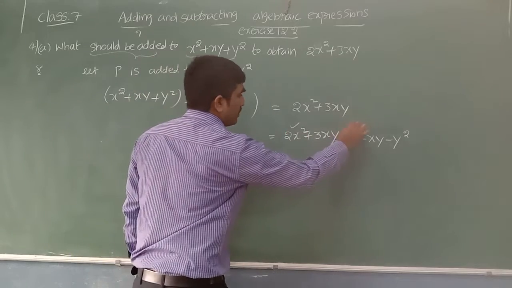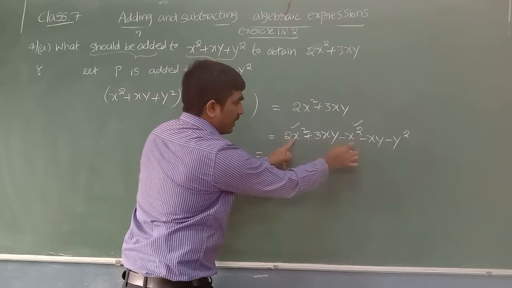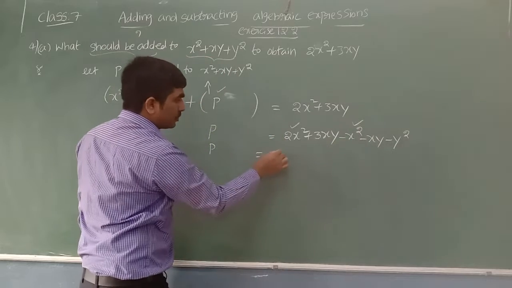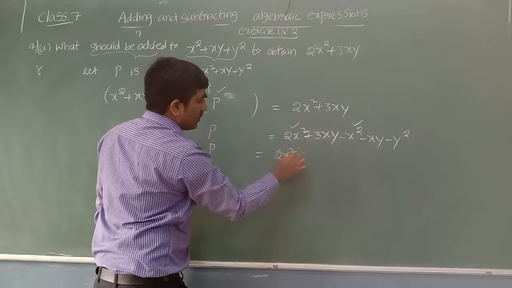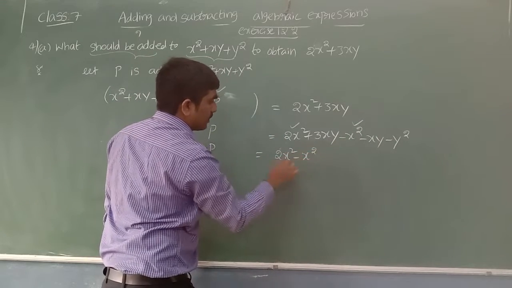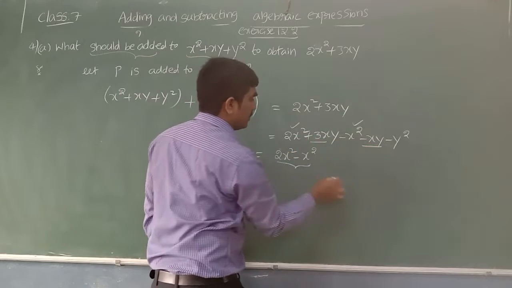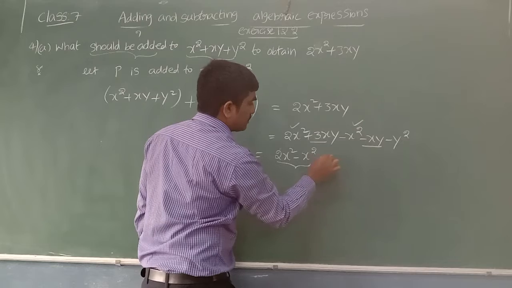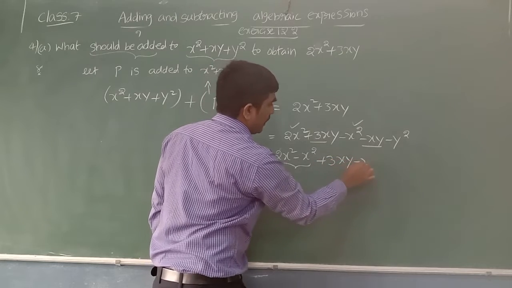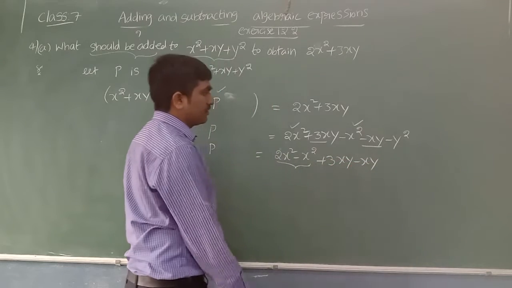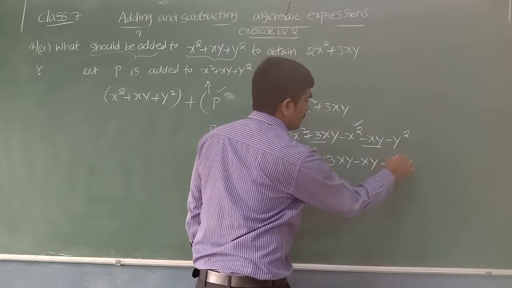The x power 2 term and x power 2 term have the same variable x and the same power 2, so both are like terms. Make a group of those two like terms. Next, write the xy terms together: plus 3xy minus xy. The leftover term is minus y square.